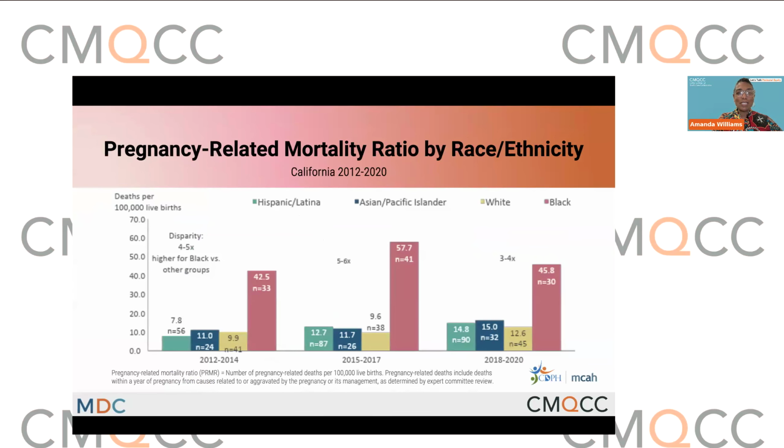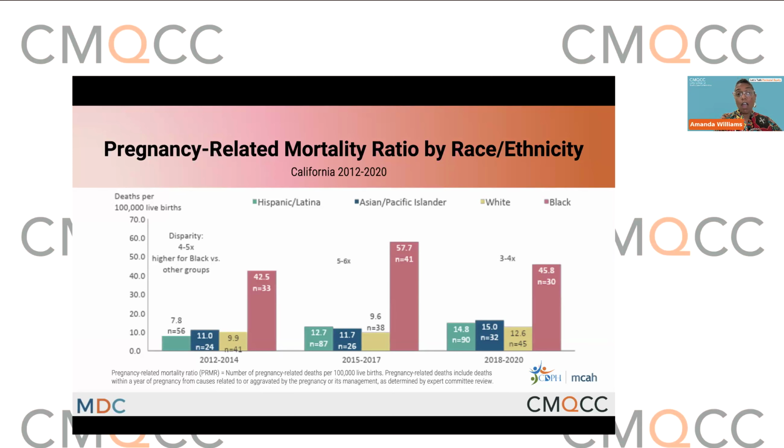And I know that you've seen me show this before, and you know that it is the slide that wakes me up and gets me going every morning, knowing that my work is not done. Our work is not done. And thank you for taking it on for your organization, for your hospital. Because though California has the lowest maternal death rate of any state in the United States, these disparities are still unacceptably high.